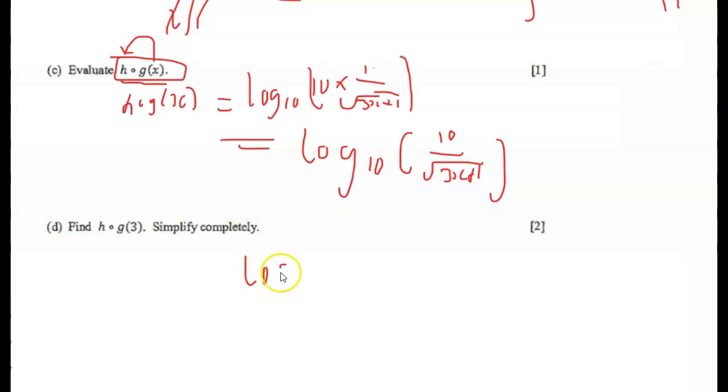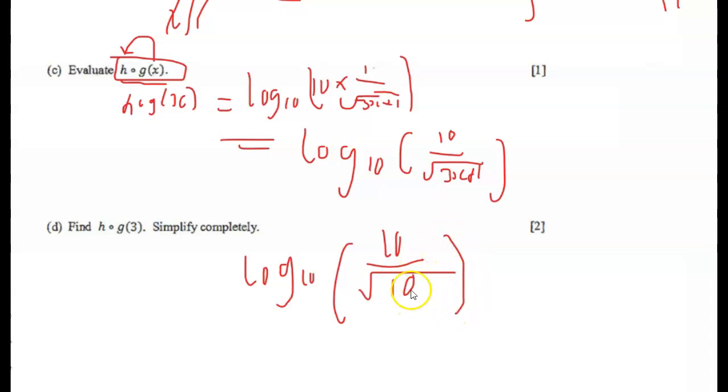Let's see how it's going to work. 10 over the root of, let's simplify this completely, 3 times x, which is now 3. 3 times 3 is 9, plus 1, that's 10. So now I'm looking at 10 over root 10, something's going to happen here.